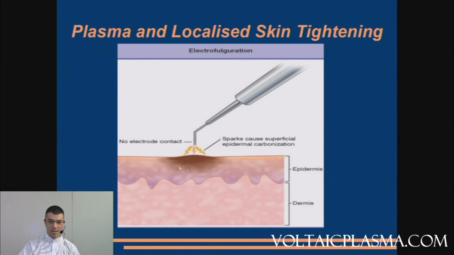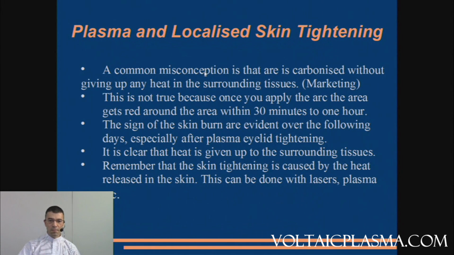And what happens is that a certain amount of heat is released inside the skin. A common misconception is that the upper area of the skin is carbonized without giving up any heat in the surrounding tissues.